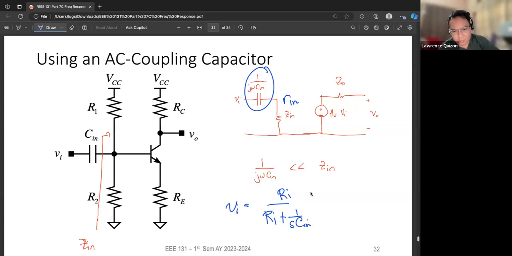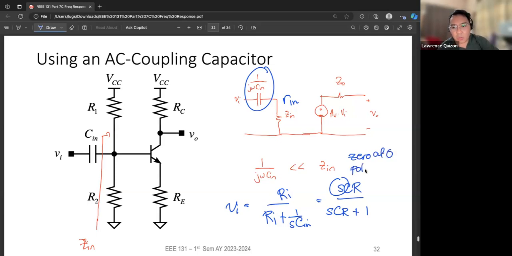Right? So, what we get from this really is SCR over Rn plus 1 over SC. Okay. SCR plus 1. Yan. No? So, we have a 0 at 0.